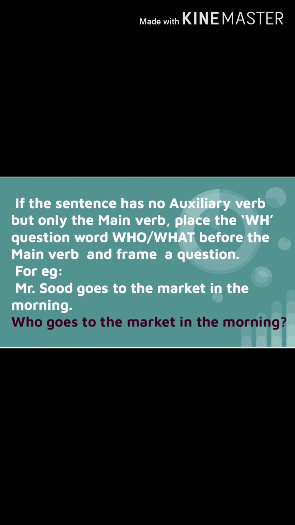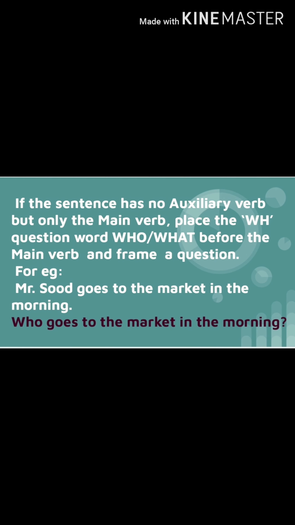If the sentence has no auxiliary verb but only the main verb, place the WH question word who or what before the main verb and frame the question. For example, Mr. Sood goes to the market in the morning. In this sentence, goes is the main verb.